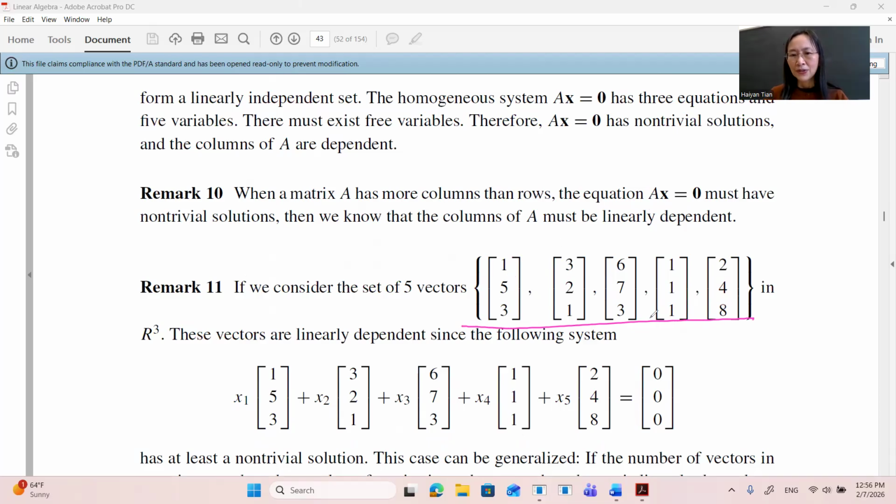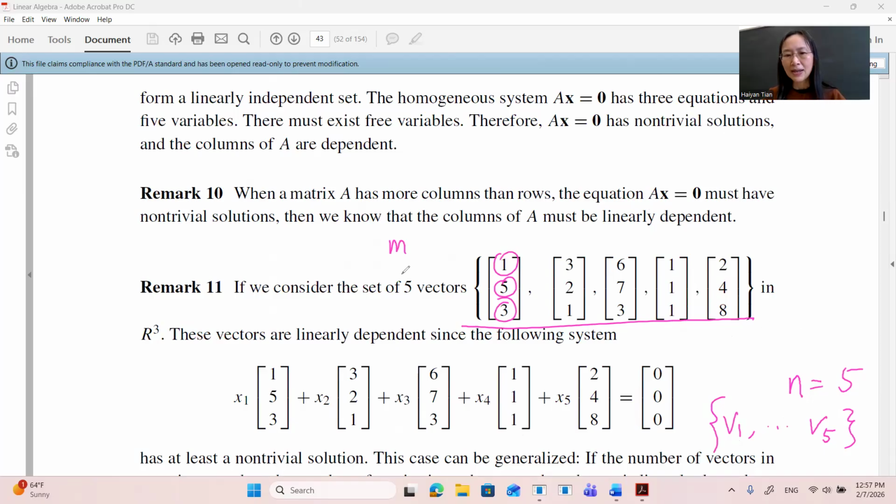Suppose we use n as the number of vectors, and m as the number of entries in each vector. Here n is 5, that's the total number of vectors, v1, v2, up to v5, in the set.